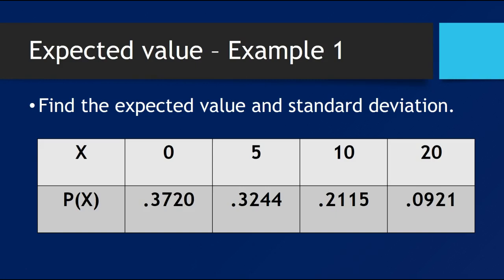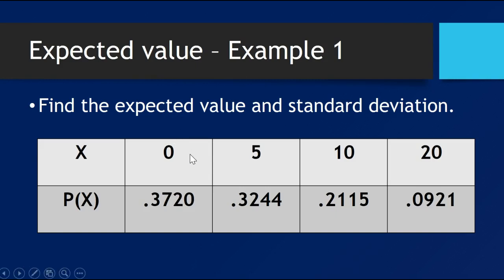In list 2, we got 0.3720, we got 0.3244, we got 0.2115, and we got 0.0921. So when I do stats, calculate one variable stats, list 1, list 2, again, depending on which operating system you have, it is either L1 comma L2 or list L1 frequency list L2.